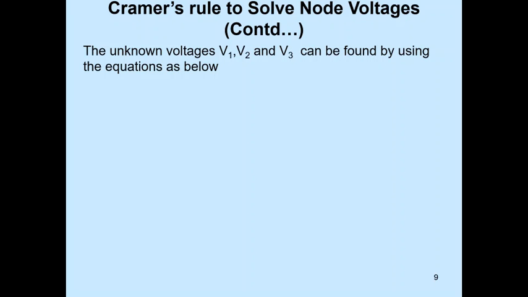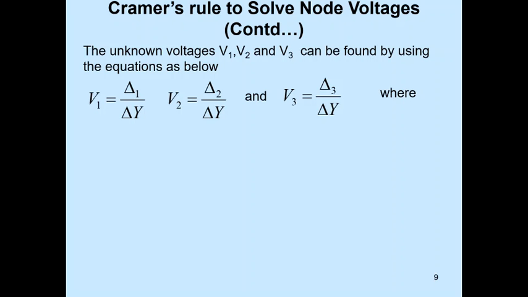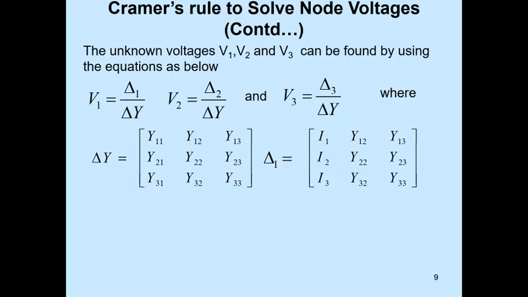The unknown voltages V1, V2 and V3 can be found using the equations below. V1 is equal to delta 1 by delta Y, V2 is equal to delta 2 by delta Y, and V3 is equal to delta 3 by delta Y, where delta Y is the determinant of Y11, Y12, Y13, Y21, Y22, Y23, Y31, Y32, Y33.